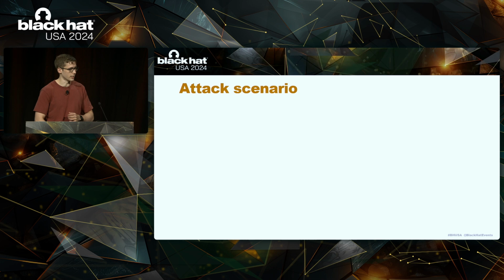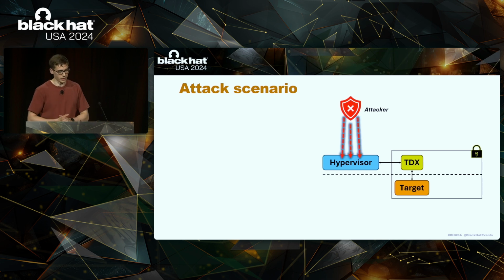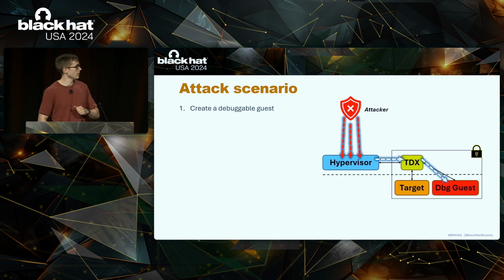So if we summarize the attack scenario, if you have a cloud system that's running with TDX, you have a target customer here that you would like to attack. So an attacker compromises the cloud provider, takes control of the hypervisor. First step, create a debuggable guest. So that's just going to be a dummy guest that is just debuggable for the purpose of exploiting the vulnerability.